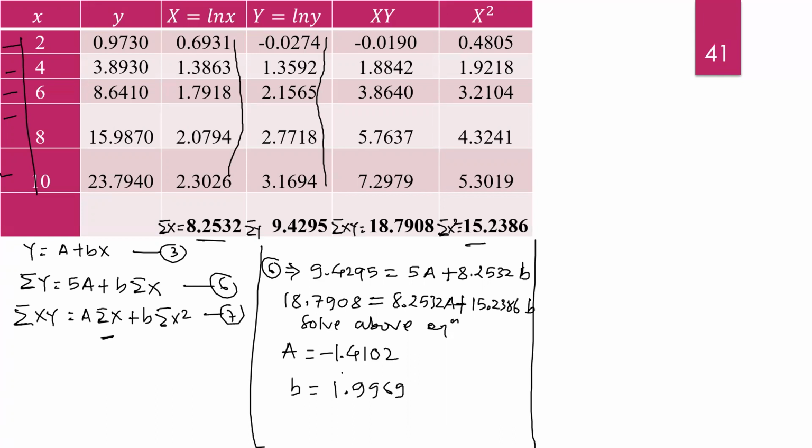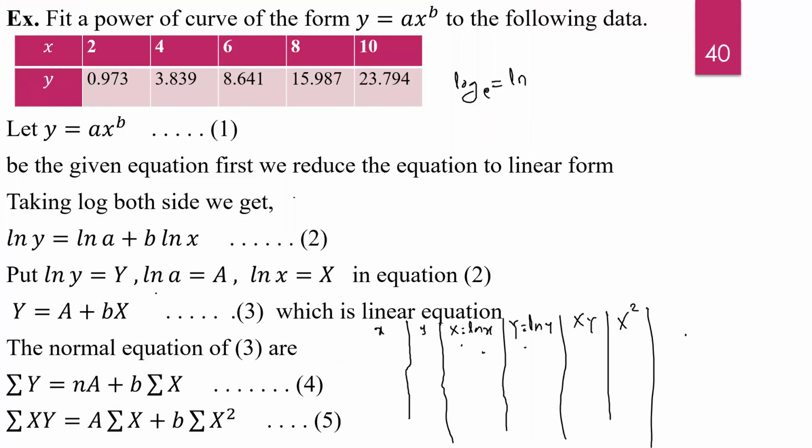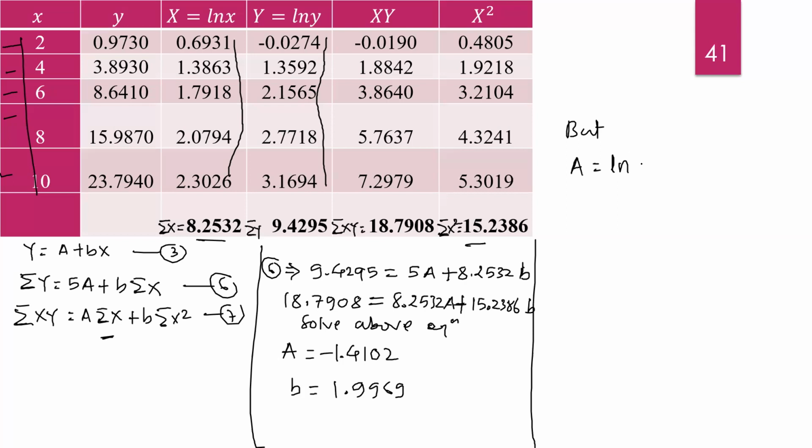But capital A is equal to natural log A. So taking antilog on both sides, we get A is equal to e to the power capital A, that is A is equal to e to the power minus 1.4102.